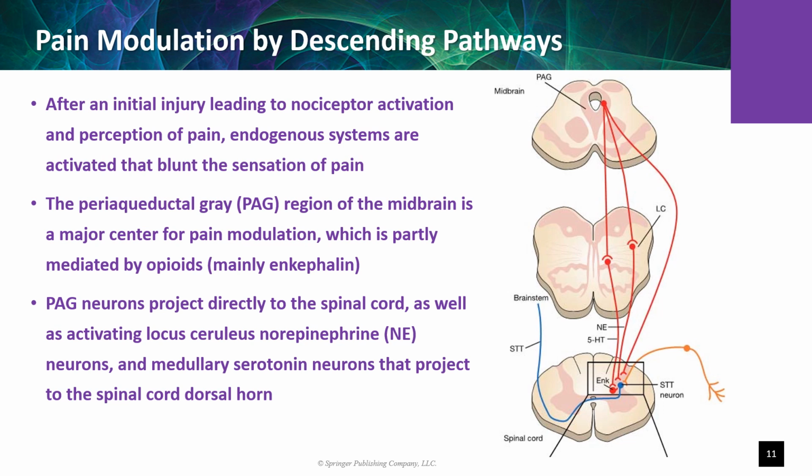The flow of nociceptor information through the spinal cord is moderated by simultaneous activation of the large myelinated fibers associated with low threshold mechanoreceptors, known as the gate theory of pain.